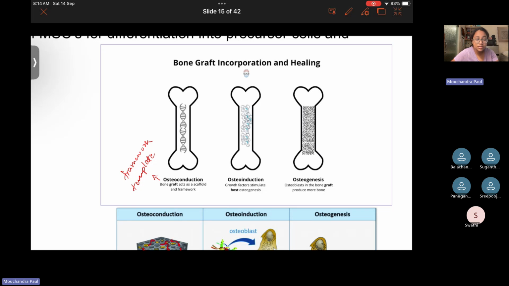Now, when the scaffold has given a framework to the cells, what will the cells do? The cells have come to the scaffold, and they should induce new bone formation. That is the next step, osteoinduction.